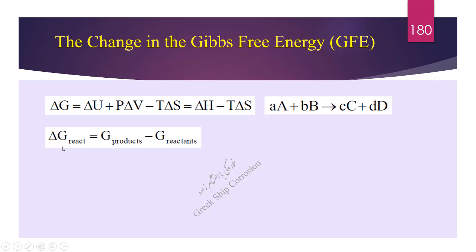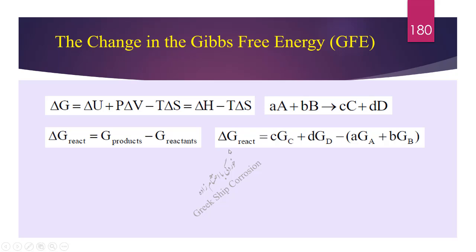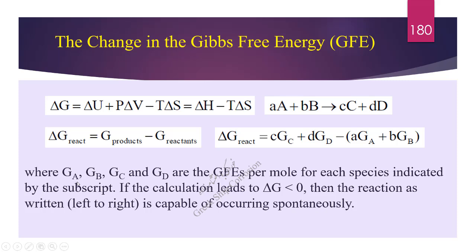The Gibbs free energy of the reaction is equal to the Gibbs free energy of the products minus the Gibbs free energy of the reactants. Delta G reaction equals c times GC plus d times GD minus the sum of a times GA and b times GB, where GA, GB, GC, and GD are the Gibbs free energies per mole for each species indicated by the subscript.